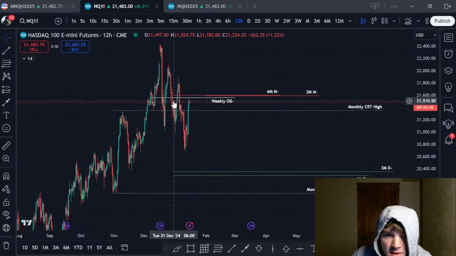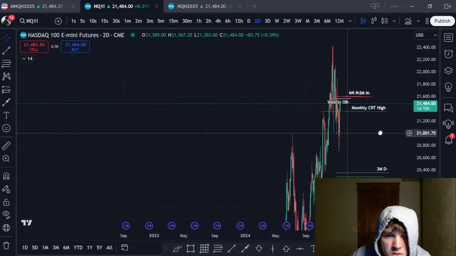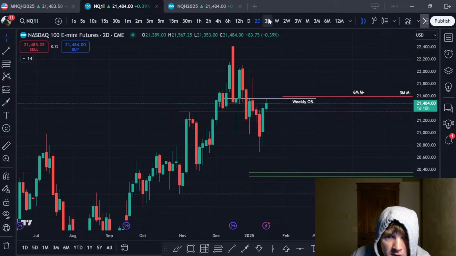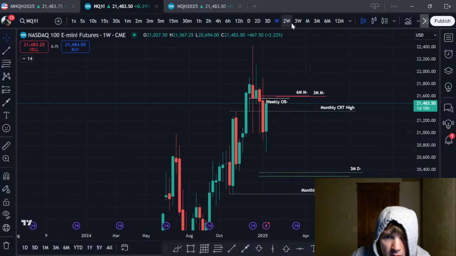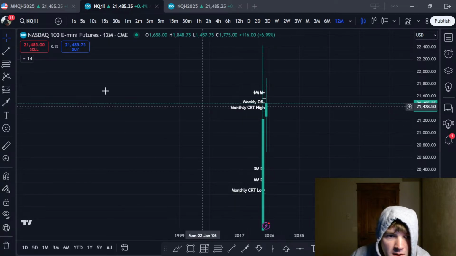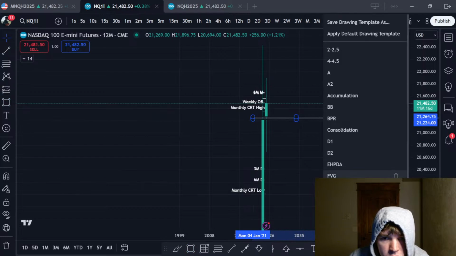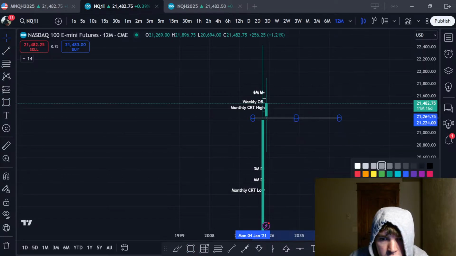I'm actually kind of wondering, this is the New Year opening gap, right? Wait, where's the New Year opening gap? Right here. I should make it a special color. What color should I make it?